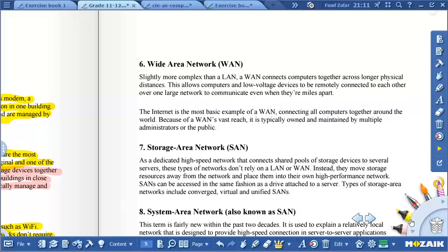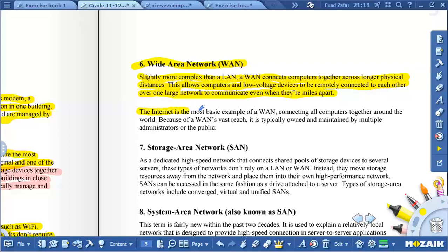WAN, wide area network. Slightly more complex than LAN and MAN, it connects computers together across a longer physical distance. This allows computers and low voltage devices to be remotely connected to each other over one large network to communicate even when they are miles apart.